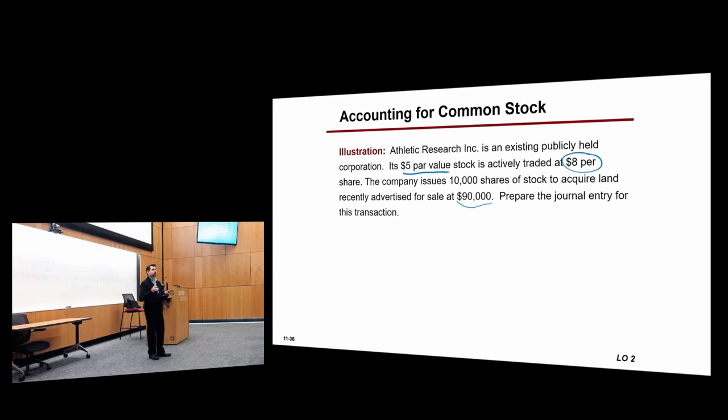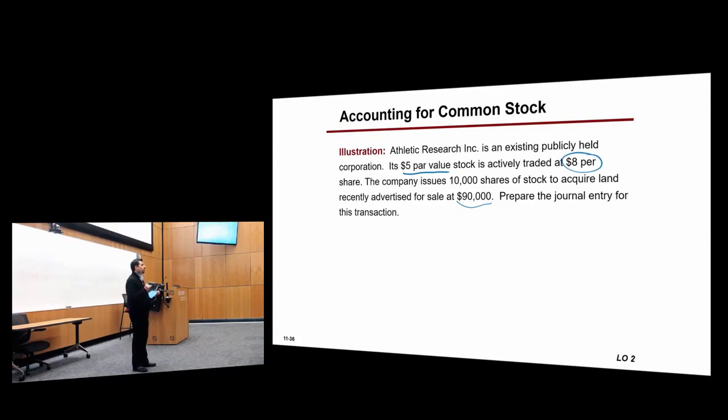Remember, it's like when you try to buy a house or land or anything like that, there must be an appraisal, right? It's advertised at $90,000. Basically, the appraisal was more or less $90,000. The appraisal is not the exact value. This is the estimation of the value of land.